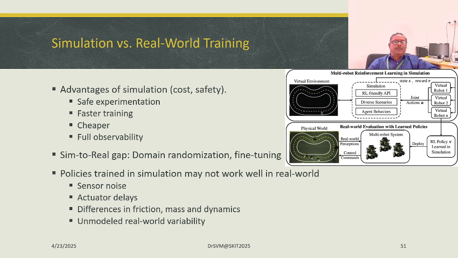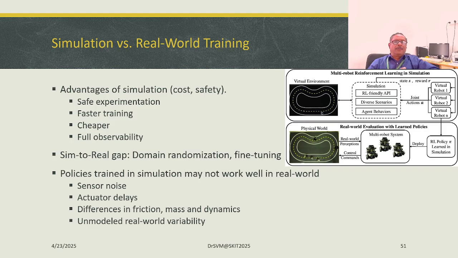So, the problems in simulation: of course, simulation also doesn't work very well, because during simulation we assume everything to be perfect, but in real time, definitely nothing will be perfect.